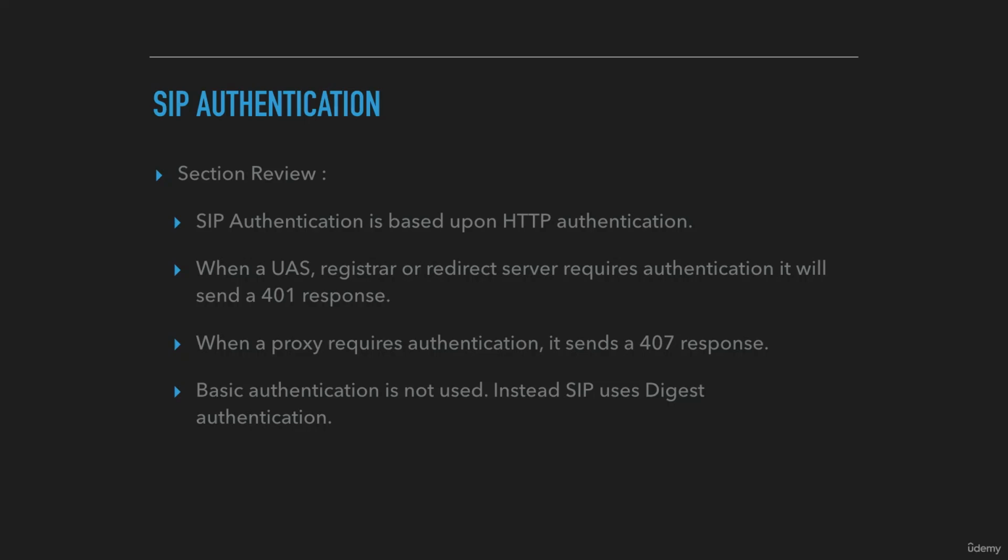Section review on this. SIP authentication is based on HTTP auth. When a UAS, register, or redirect server requests authentication, it's going to send a 401. But when a proxy requires authentication, it will send a 407. Basic auth is not used, and instead a SIP digest auth is going to take place.